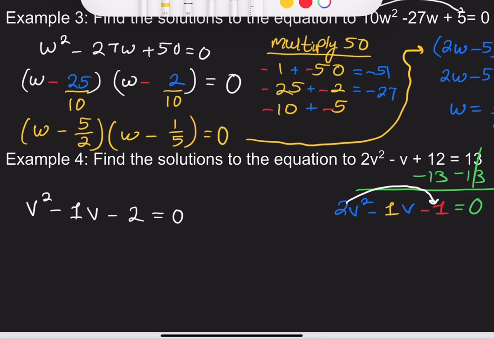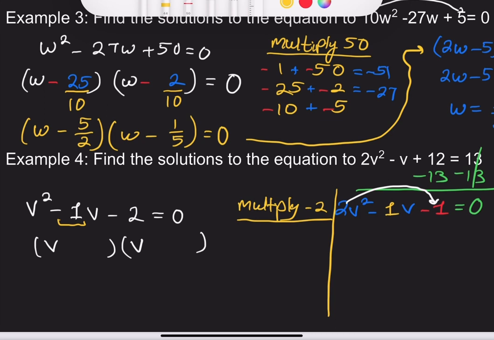And now let's factor. V here, V there. We want to find two numbers that multiply to negative 2 and add to the negative 1 that's in front of there. Multiply to negative 2, and they add to negative 1.